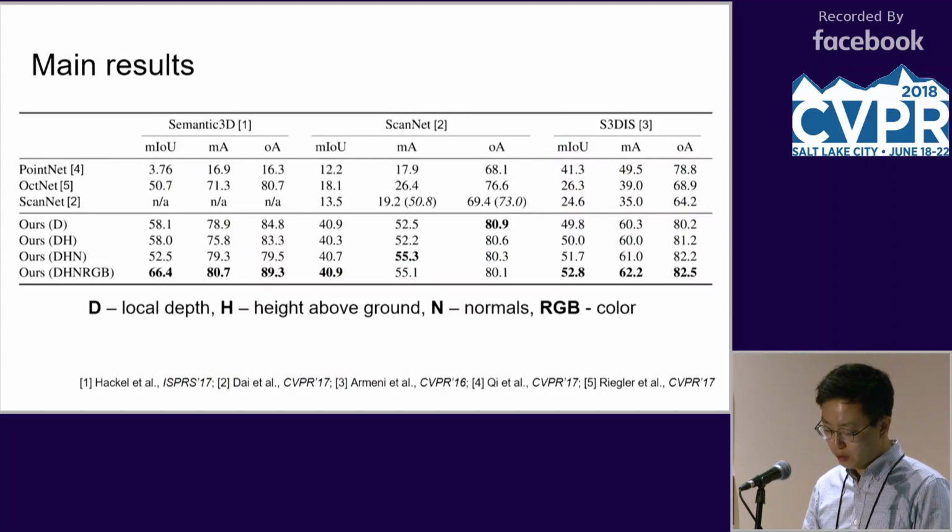Here are the main results. We evaluated our approach on two indoor and outdoor datasets and compared with three existing approaches which operate on different representations of 3D data. For example, PointNet on point clouds, OctNet on octrees, and ScanNet on voxel grids. The table shows that we achieve strong results across different types of scenes and various input signals.